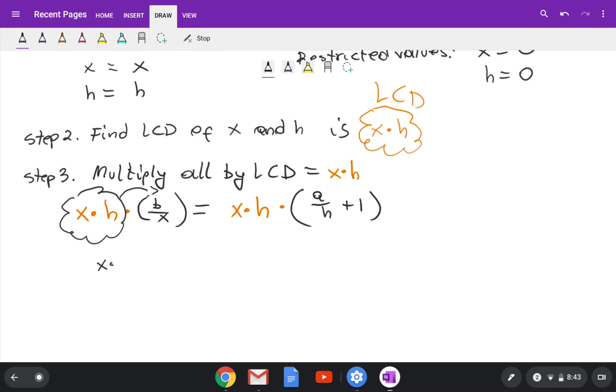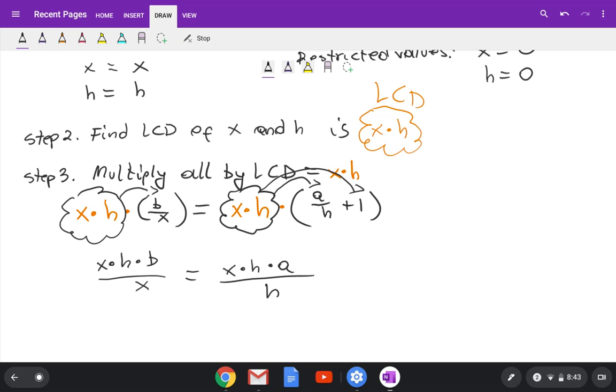So that will become x times h times b over x equal, here again you treat that as one expression. You have to distribute that to both. So that will be x times h times a over h plus x times h times 1.